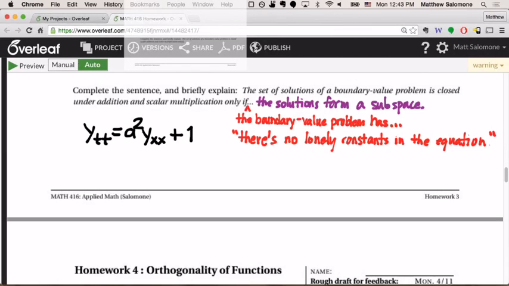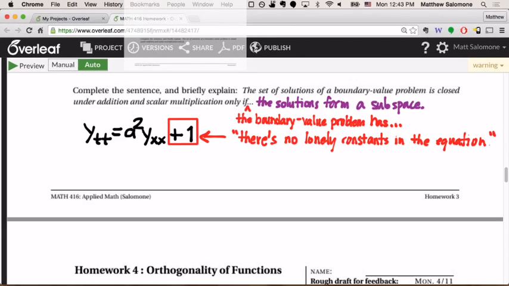You didn't know that I was a psychic, but here I go. In the first part of the problem, the partial differential equation you had to work with looked like this: ytt equals a squared yxx plus 1. What's the lonely constant there? The plus 1. And you noticed if you plugged in y1 plus y2 into this partial differential equation in the first part of the problem, it was this plus 1 that screws you up.